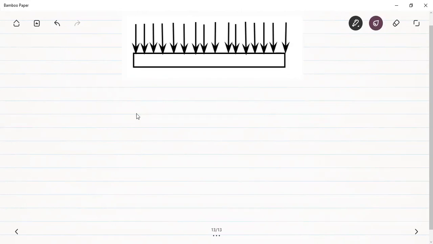So shear force diagram. What was shear force at A? It was positive omega L by 2. What was shear force at this support? Minus omega L by 2, therefore it will be downwards.